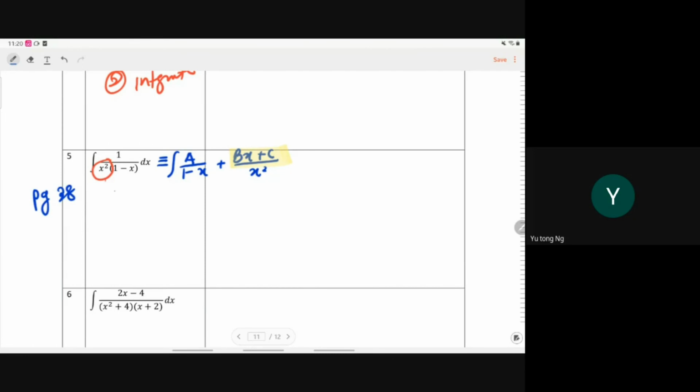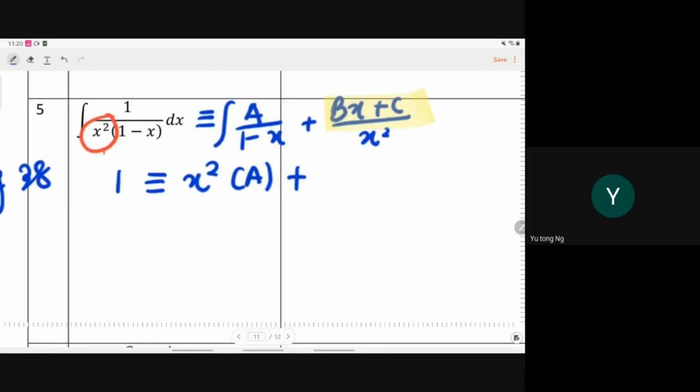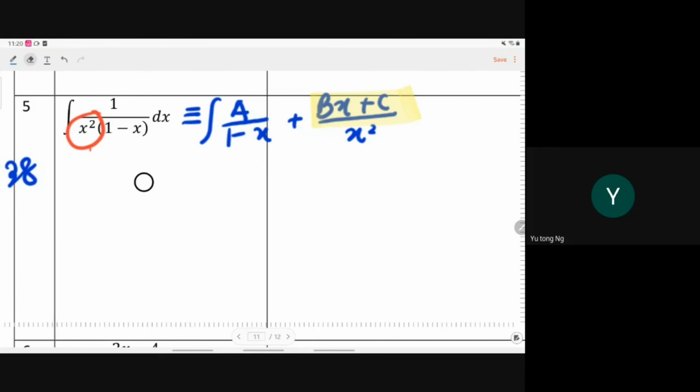Okay, so dia akan equivalent to integrate 1 over x square (1 minus x).